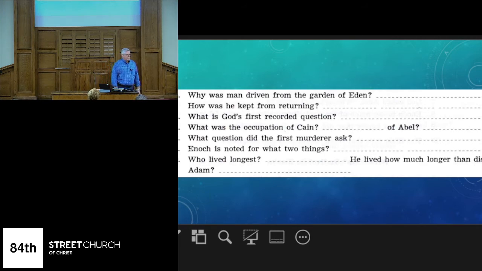Question's not in here, but why do you expect that God was upset with Cain for not offering an appropriate sacrifice? He offered a portion of what he produced as his occupation.